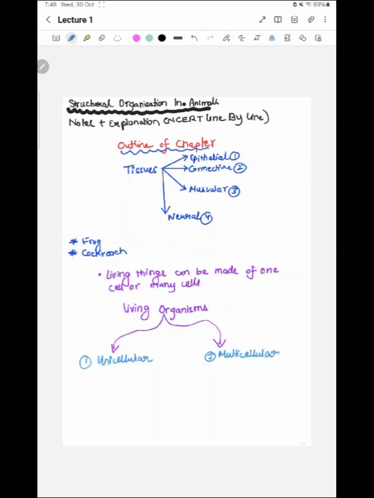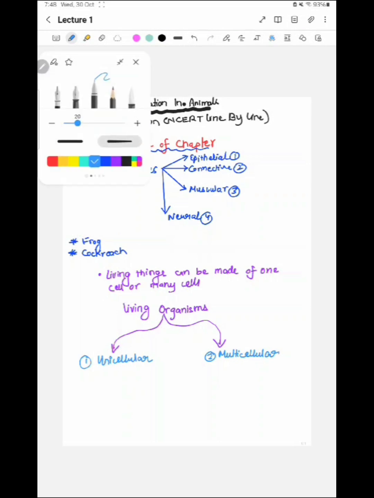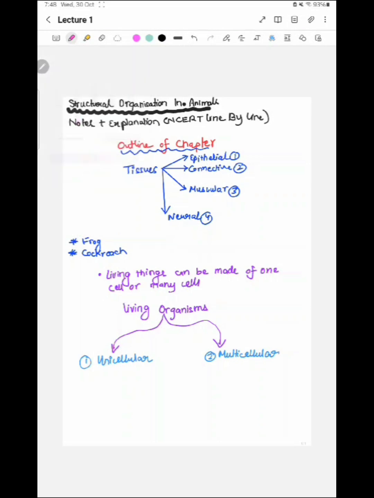Now unicellular is what? We call unicellular single celled organisms. And multicellular is many cells.